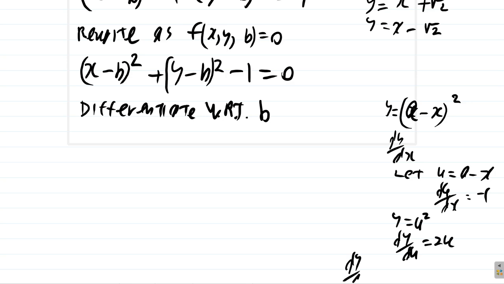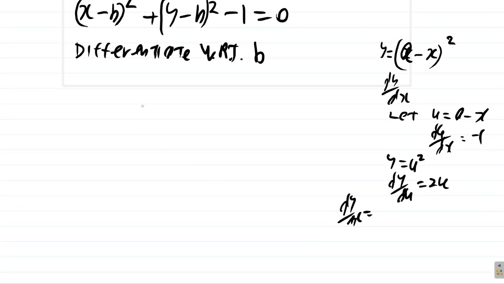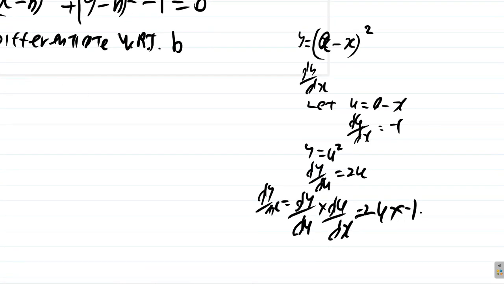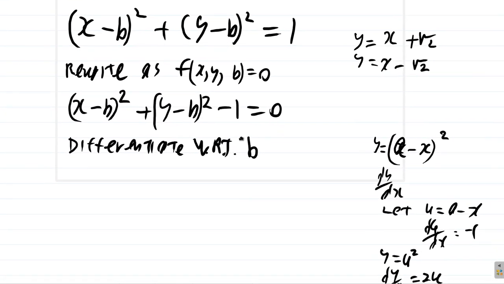Then dy by dx is dy by du times du by dx, which is 2u times -1, and this would be -2u, which is -2 times a minus x. Alright? Just in case you didn't remember.